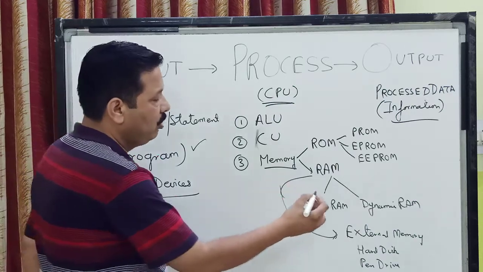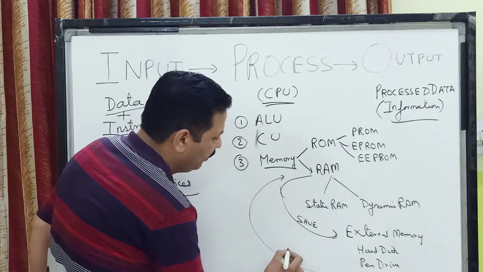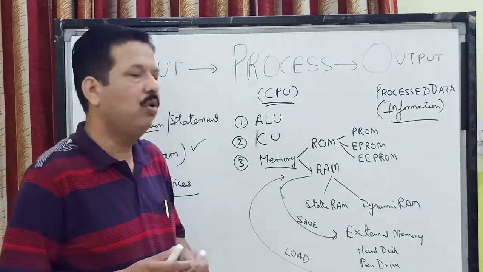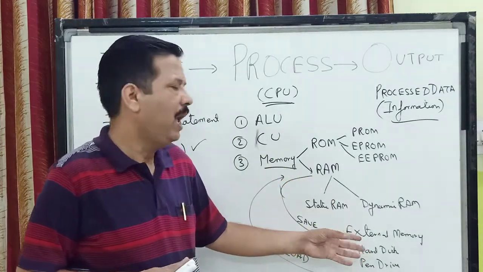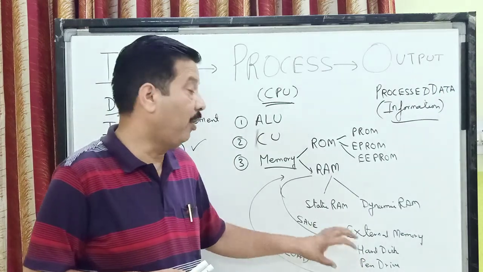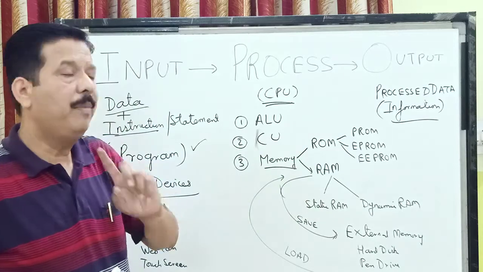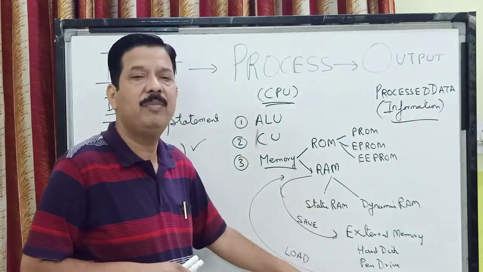And when we want to bring this data back into the RAM, this is called loading. So saving and loading we must know. Saving is when we store our data from the RAM into the external memory, and loading means when our data from the external memory gets stored onto the RAM, because the computer is only going to access these two memories. It is not going to access these memories.